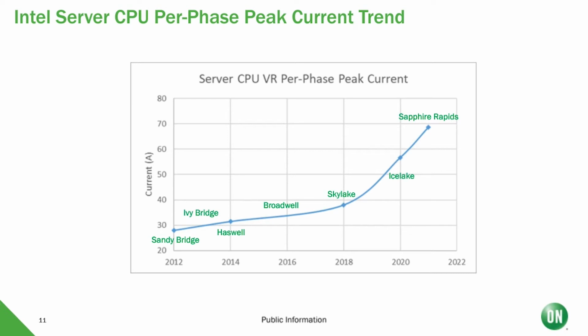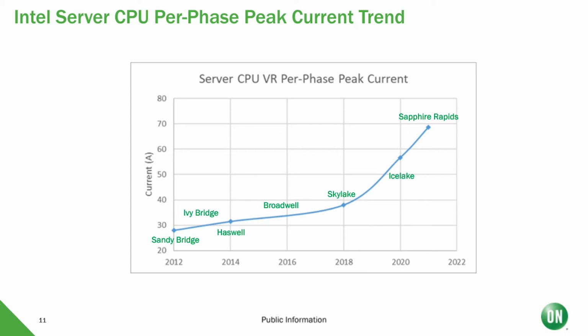Going to Skylake, we're going up to a 5 to 6 phase design, but the current doubled to about 228. So per phase current is sitting close to about 40, and it just went crazy as we entered the Ice Lake CPU generation, where we had about 400 amps of total CPU peak current, but only 7 phases.